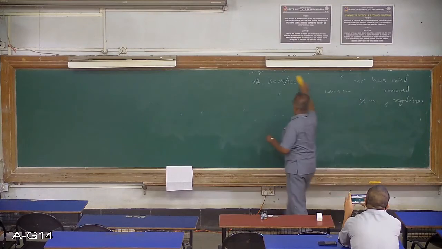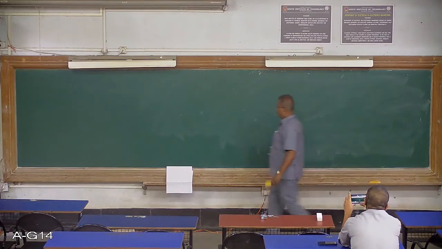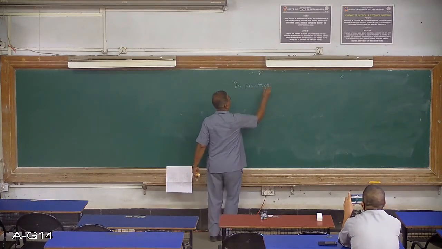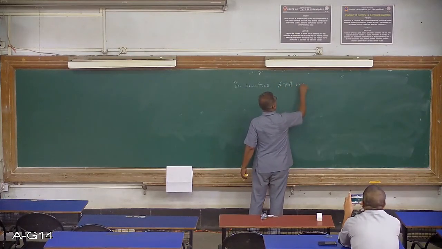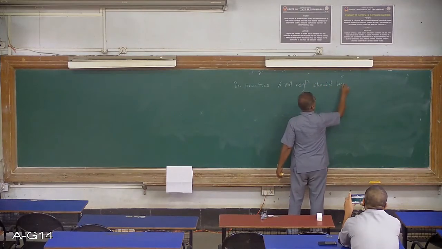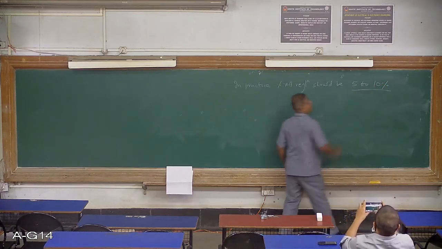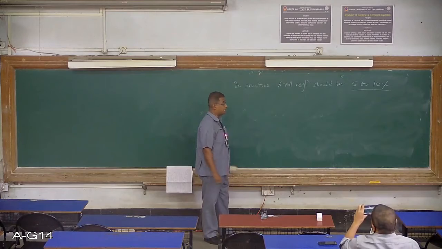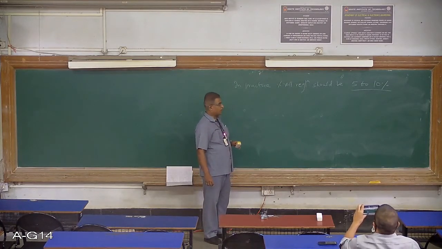In practice, the voltage regulation should be between 5 to 10% only. If there is a transformer with some 30% voltage regulation, it is not a good transformer.